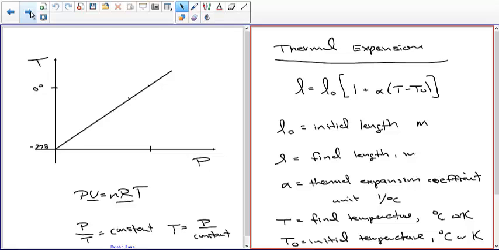So the actual relationship looks like this. You start with some initial length L0 in meters. The final length is L. You take the temperature difference from the initial temperature to the final temperature, and you have this property called the coefficient of thermal expansion, or thermal expansion coefficient.